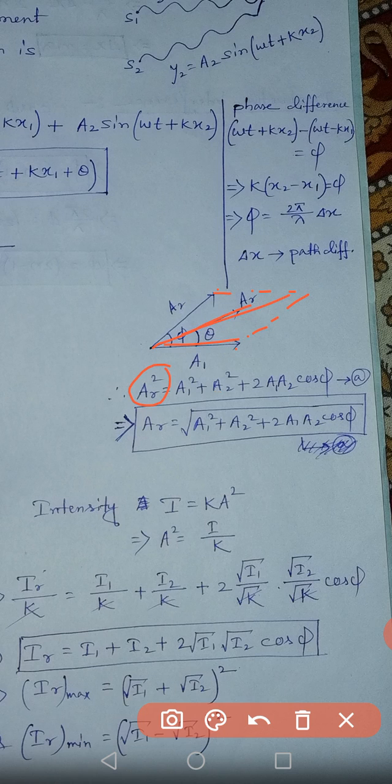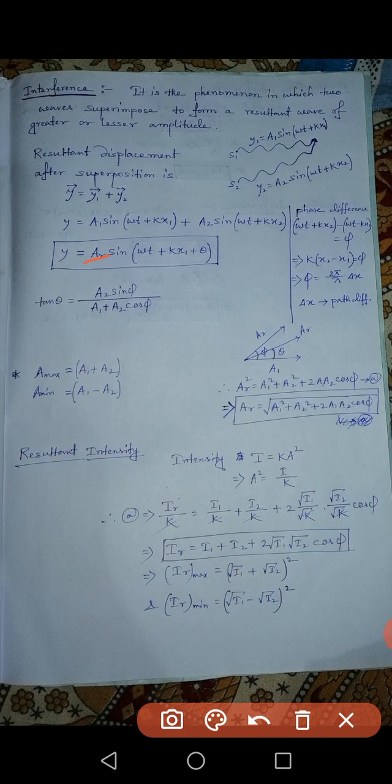So AR will be the root over this value. In the resultant expression, where we have written AR, this AR is nothing but this value. So the resultant amplitude AR is related to the amplitudes of the first and second wave by this formula.